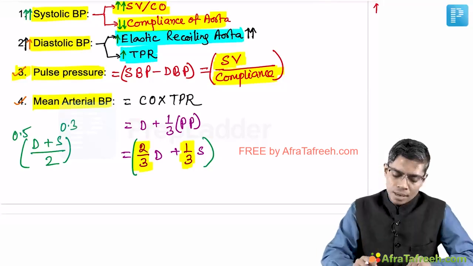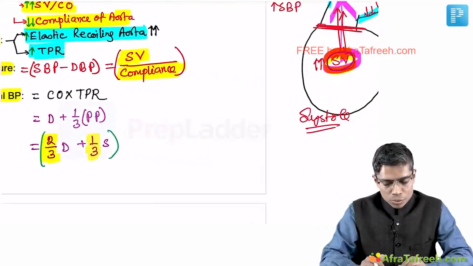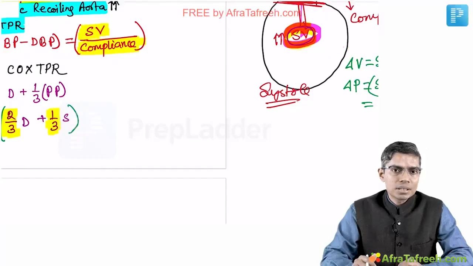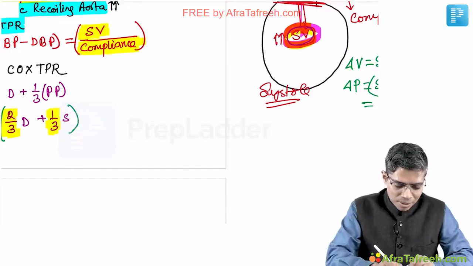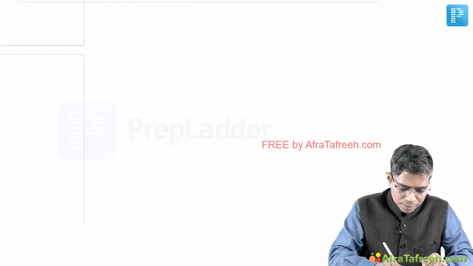Now, after discussing mean arterial pressure, I will ask you to recall one important topic that we have discussed earlier, that is the aortic pressure curve, right? Could you recall that? Look, I am drawing this curve.